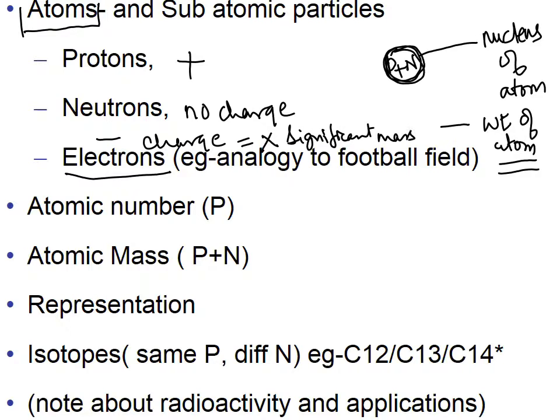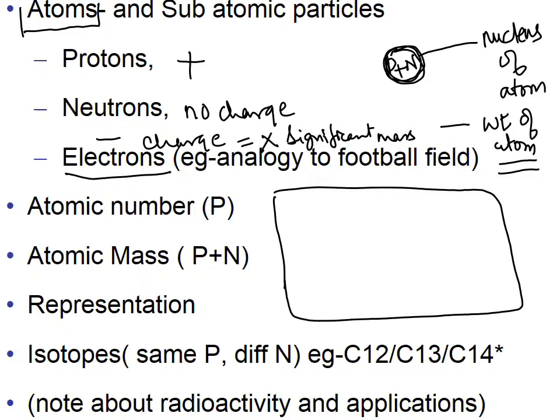So, an analogy of how they exist in an atom, the way it is explained, is to think about a football field, an entire huge football field, and think about the eraser found at the back of a pencil. Your atom is as big as a football field, and the nucleus, which contains the protons and the neutrons, is contained inside this, and two flies flying over the football field represent the electrons.